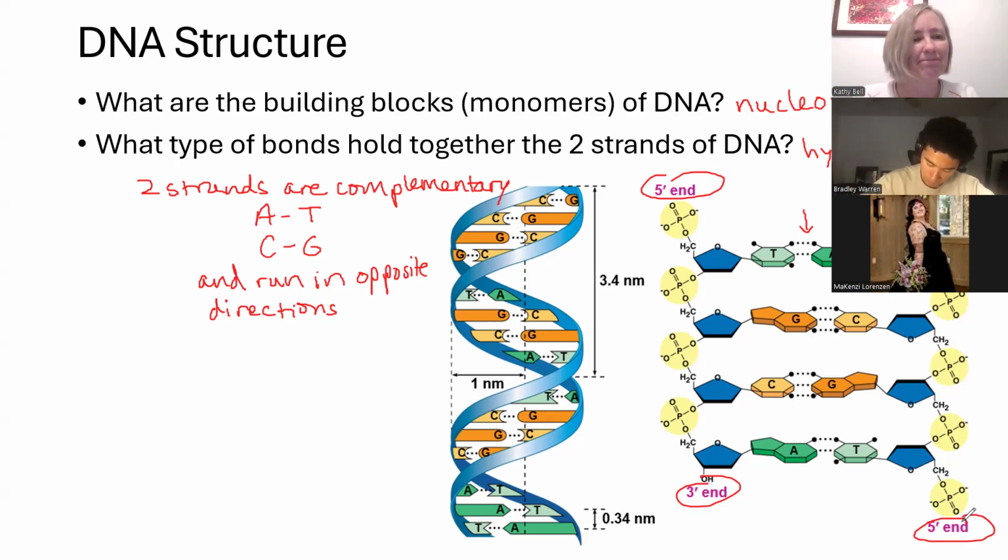I won't ask you about the 5 and 3 prime ends, but they do run in opposite directions. So they're complementary, they have the same amount of A's and T's and C's and G's because they match up, and they run in opposite directions.